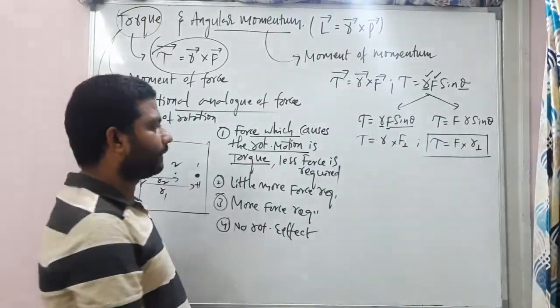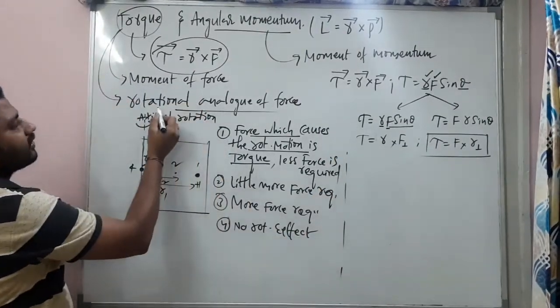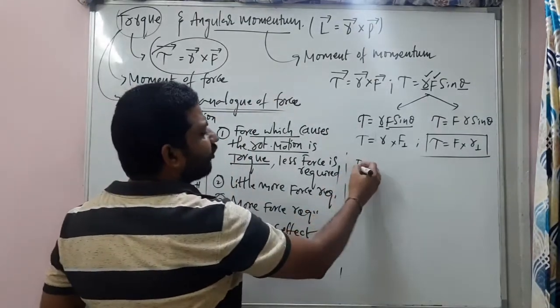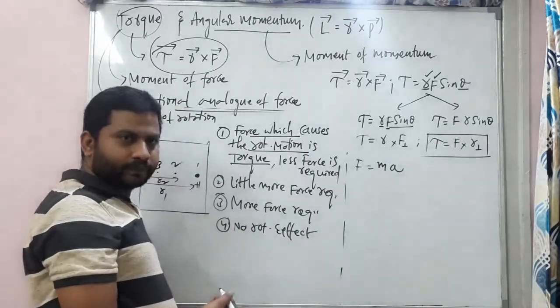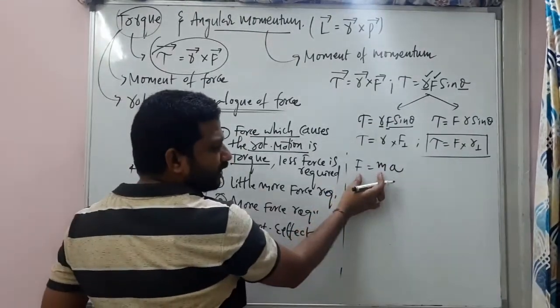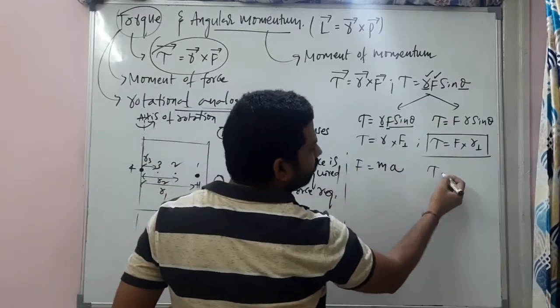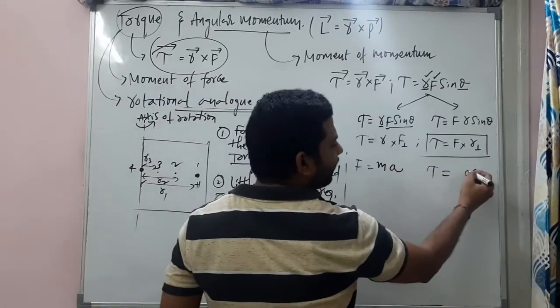Everybody, what we have written here, torque is the rotational analog of the force. Generally force is equal to mass into acceleration, we know. Now the same expression you can write in rotational motion. This force will become torque, and this acceleration will become angular acceleration.